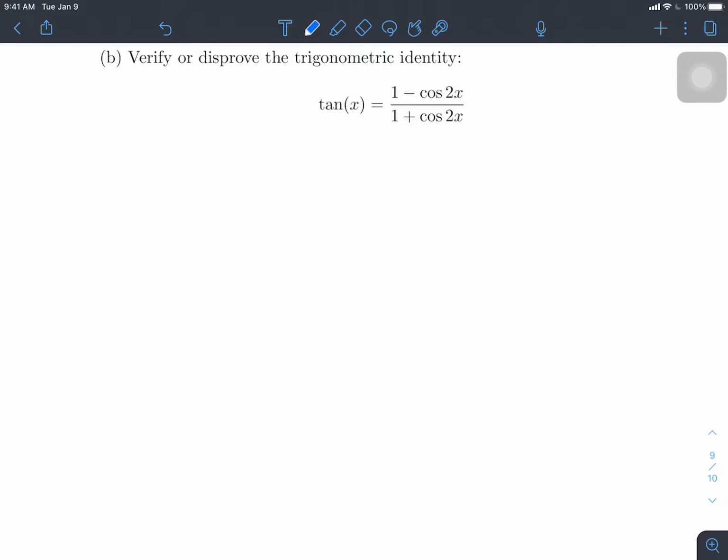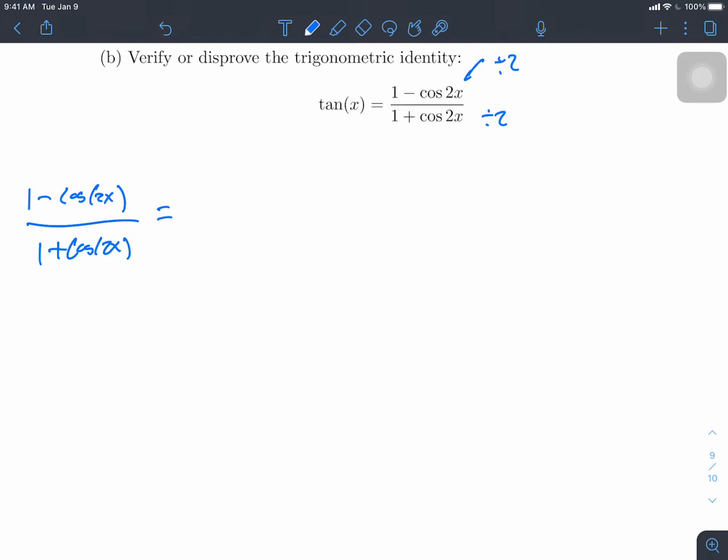But the trick to seeing whether this one is true or not is that we can rewrite the top and bottom. We're going to divide by 2 on top and divide by 2 on bottom. And we rewrite, and it looks something like 1 minus cosine of 2x divided by 1 plus cosine of 2x.